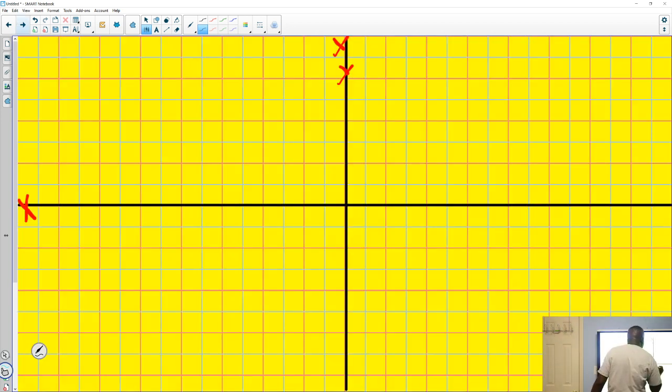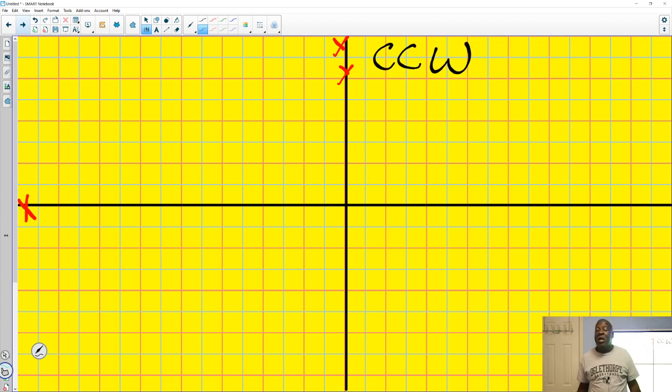And so if you got, let's start right here. This would be CCW. CCW means counterclockwise.